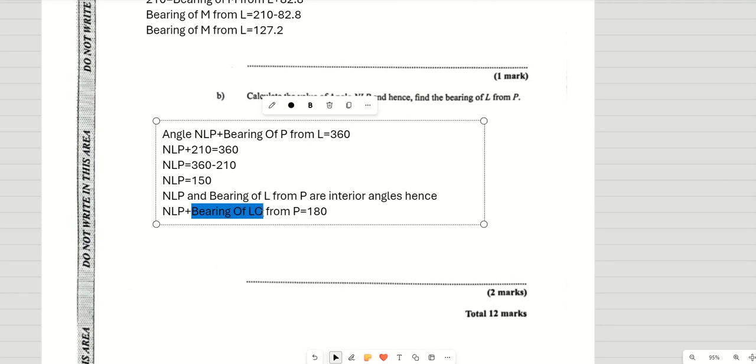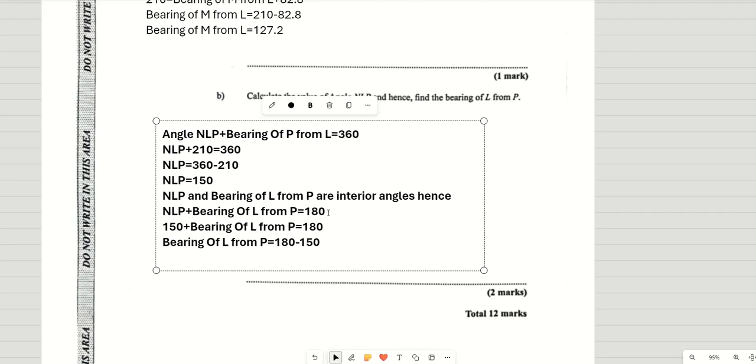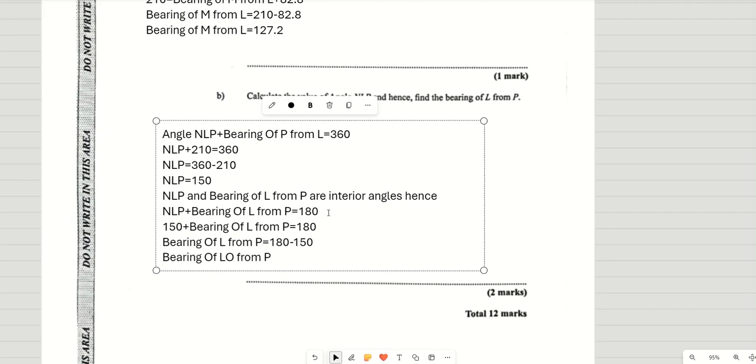So let's find that. So that would be 150 plus this. Oh, it's L from P, right? Is equal to 180. So my bearing of L from P would be equal to 180 minus 150, which is equal to 30 degrees. And that is how you would find the bearing of L from P.